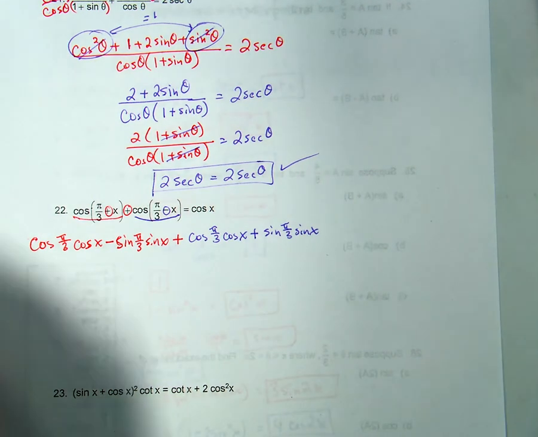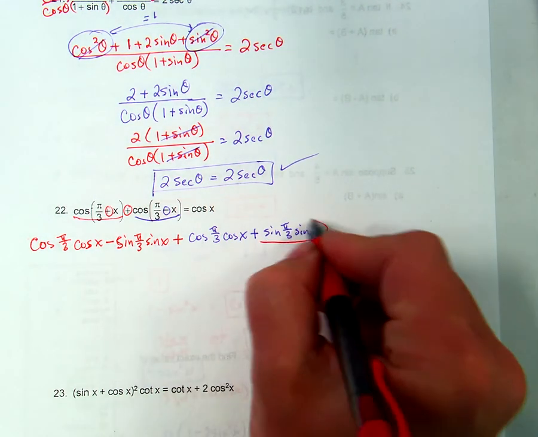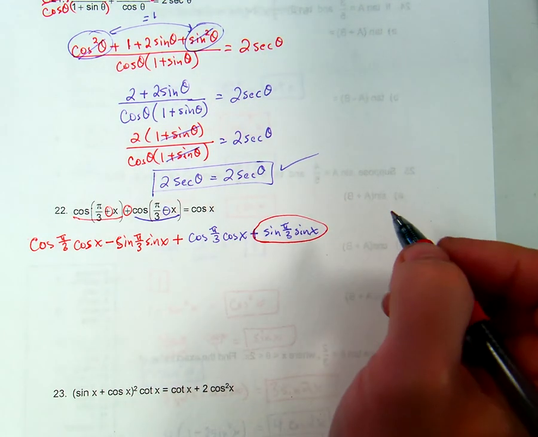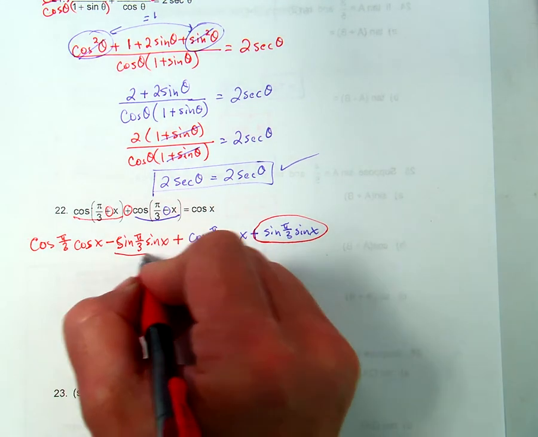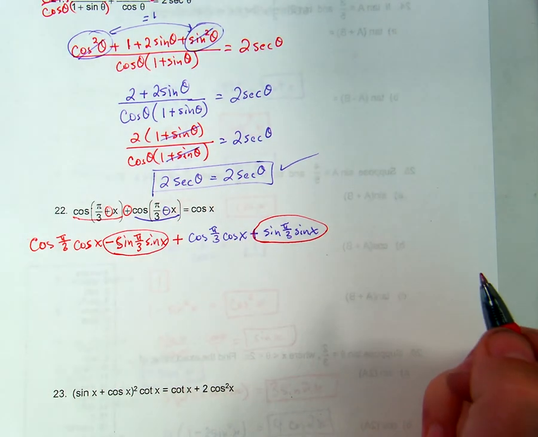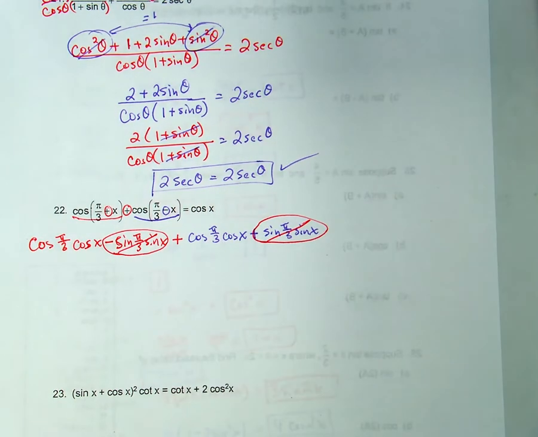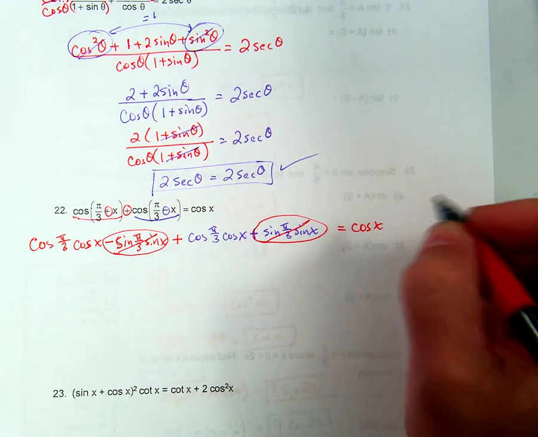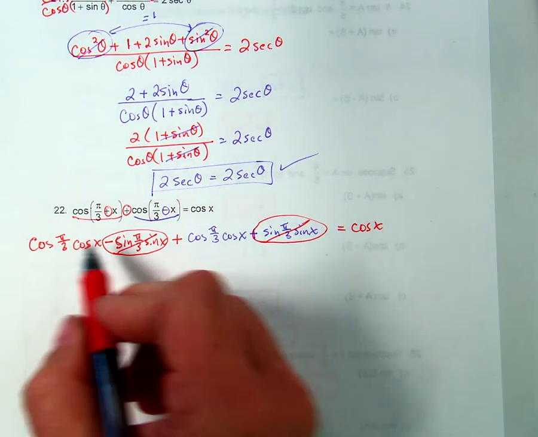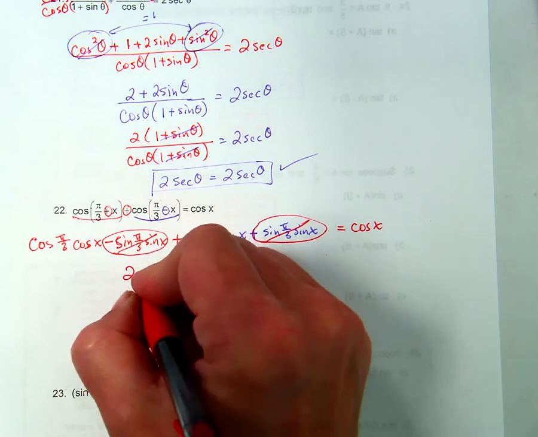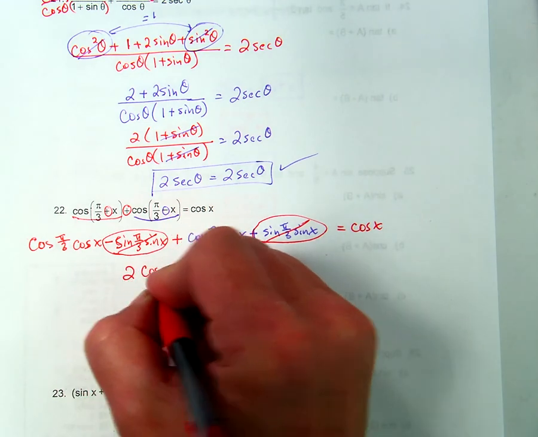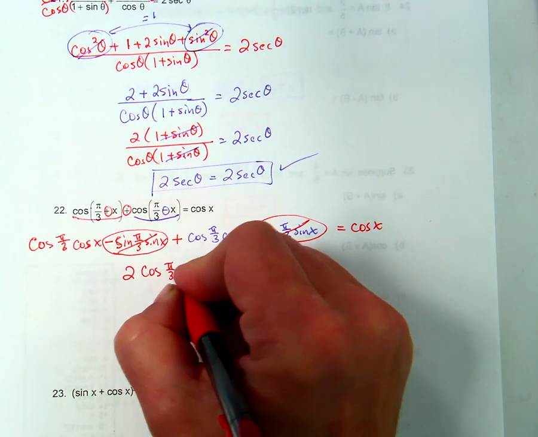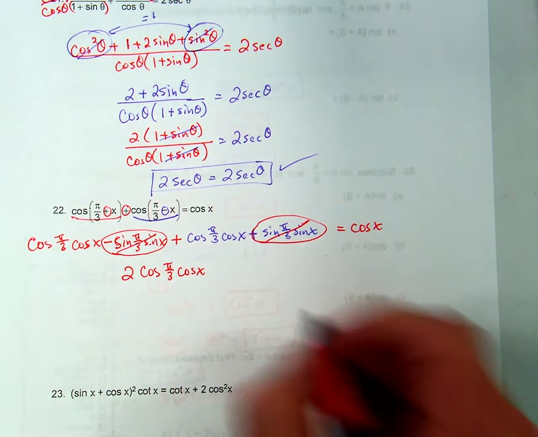And if you'll look here, this positive sine pi thirds sine x and this negative sine pi thirds sine x will just go away. Don't forget, this is still supposed to equal cosine x. That's our goal. And here I have 2 times cosine pi thirds cosine x.